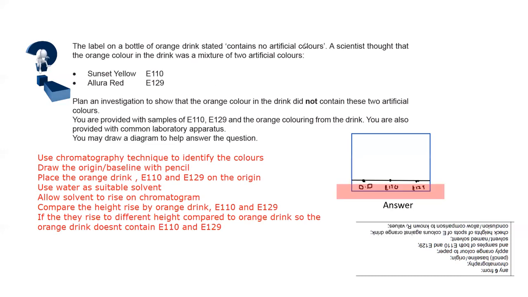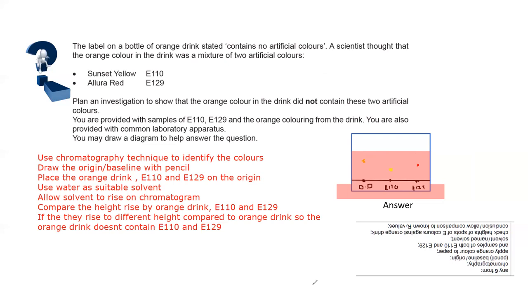So as the water solvent rises, the spots will also rise. For example, this is the spot of the orange drink, but the spot for E110, which is sunset yellow, is here, and the spot for Allura red is at this position. So we can see that the spot of the orange drink does not match E110 or E129. So it means it does not contain these artificial colors.